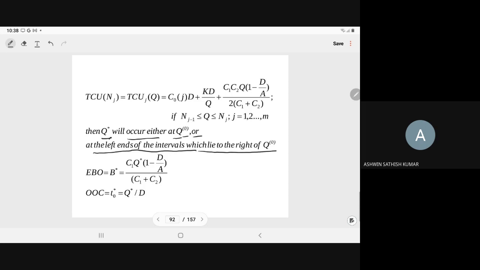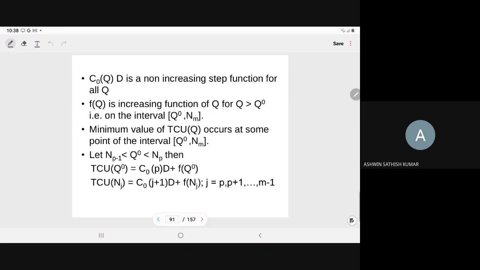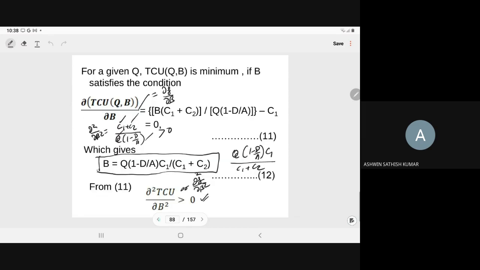After having the Q star, we can compute B star, the economic back order quantity, as B is equal to Q star into 1 minus D upon A into C1 upon C1 plus C2, because just now we have derived B in terms of Q. So you put in the optimum value and you will get the optimum value.